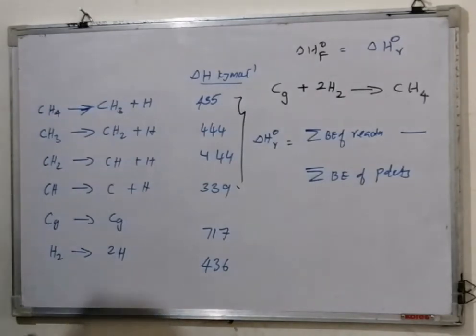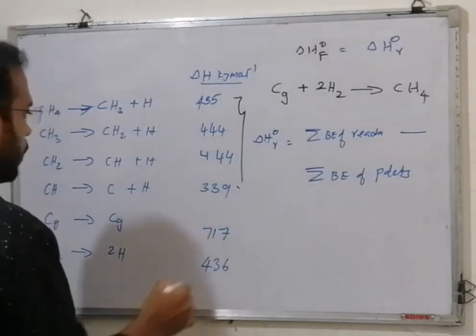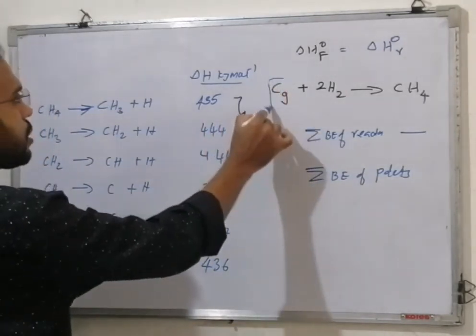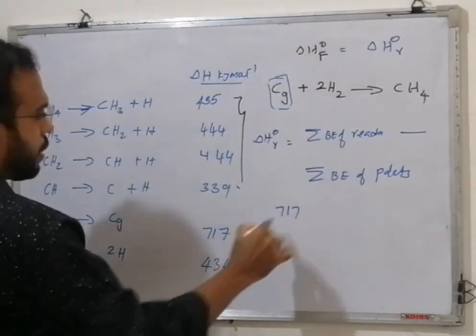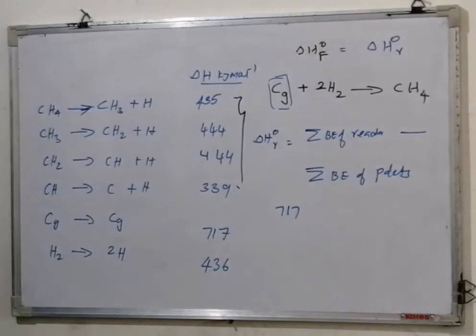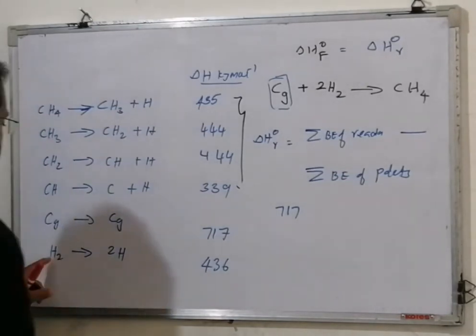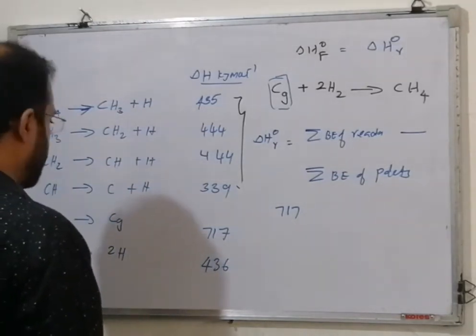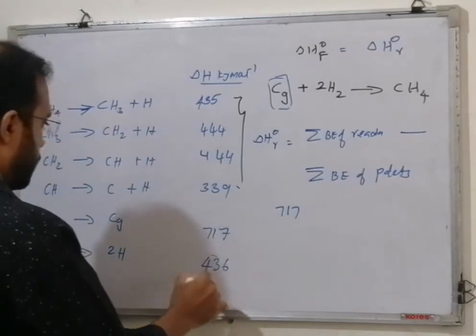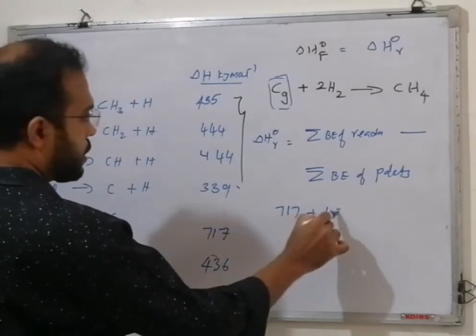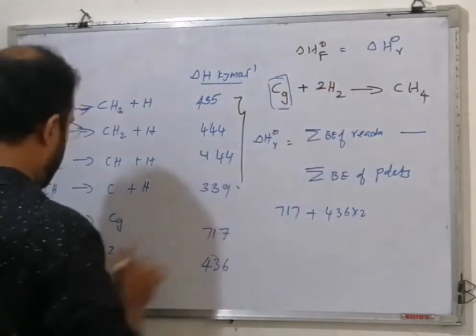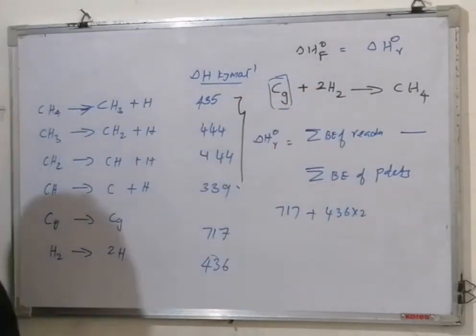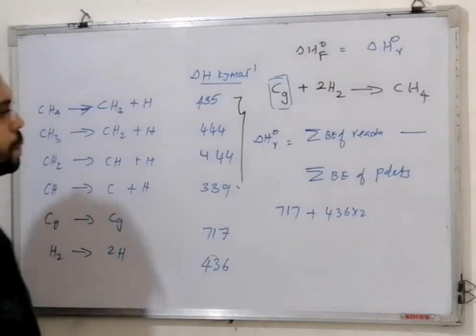Okay. For the reactants, what is the bond enthalpy? Because graphite should be converted into gaseous carbon, that is 717. Hydrogen, what is the bond enthalpy of H2? Plus 436 into 2, because you have 2 moles of HH bonds.